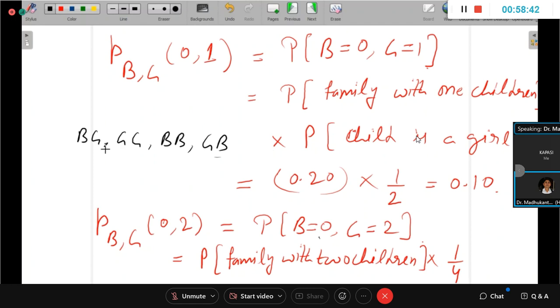But see, what are the possible pairs? We are defining B and G in a certain order. The first position stands for one variable, and the second for the other. Now you are asking why we are not taking BG and GB as a single case.